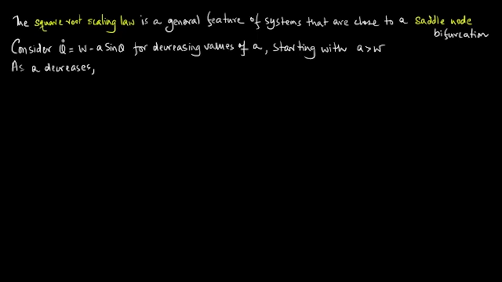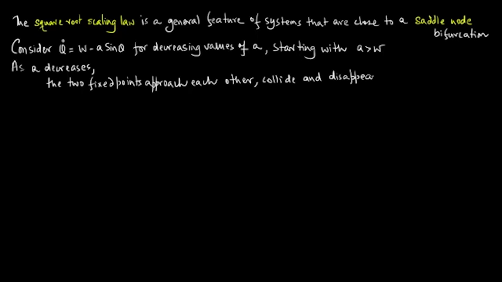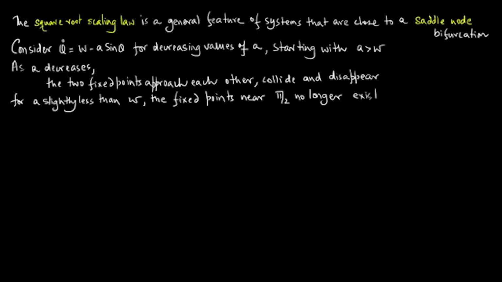As a decreases, the two fixed points approach each other, collide, and disappear. For a slightly less than omega, the fixed points near pi on 2 no longer exist.